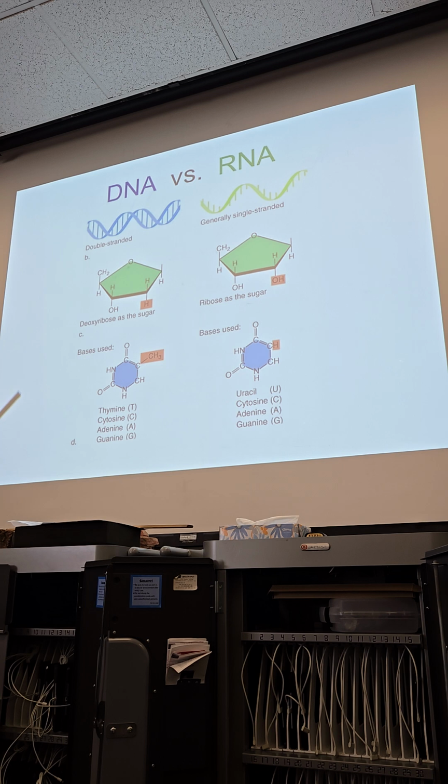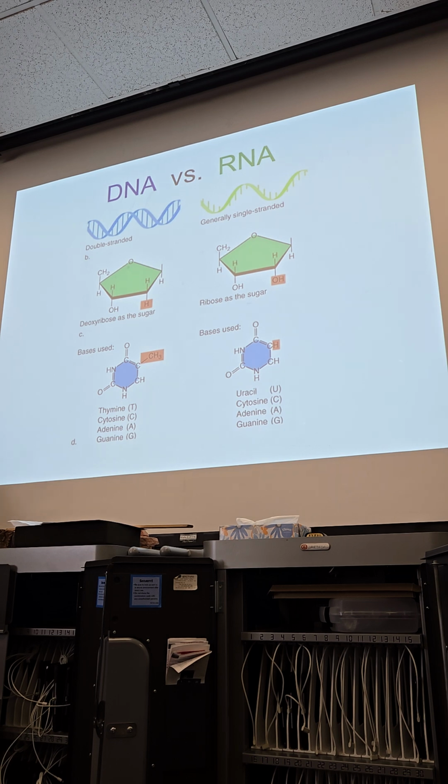To recap, DNA is most of the time double-stranded. It goes from 5' to 3'. That's how we read it. We build on the 3' side, so DNA is elongated on the 3' side. DNA does not have a hydroxyl on carbon 2. DNA has a proton. RNA has a hydroxyl on carbon 2.